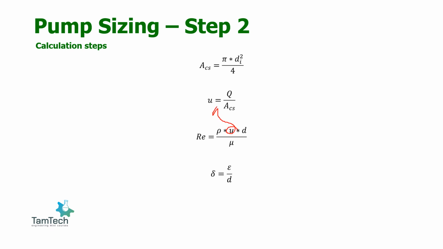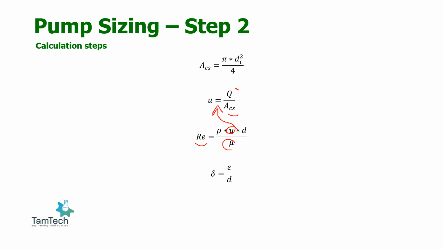Velocity comes from the continuity equation: flow rate divided by cross-sectional area. If we don't know the cross-sectional area, we find it from πD² divided by 4, and put it in to find U. After finding U, we find the Reynolds number, which is equal to density times velocity of the fluid times diameter, divided by viscosity of the fluid.